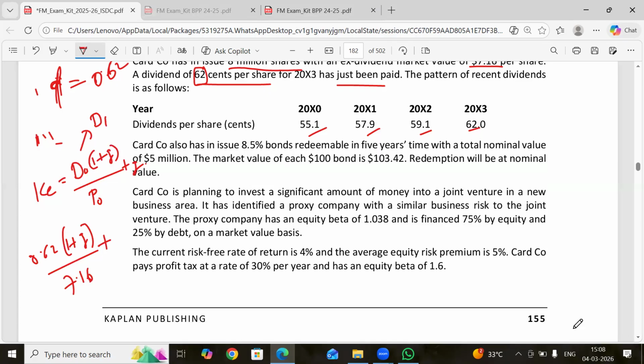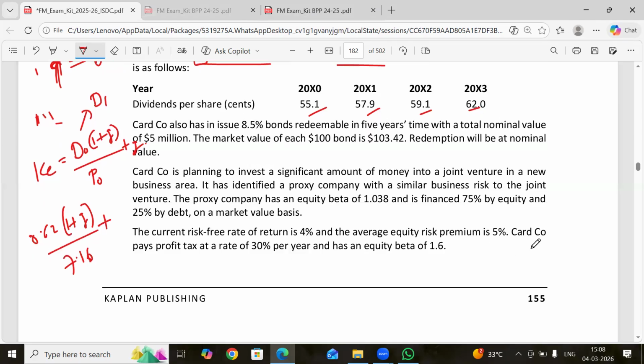See, what is your latest dividend? 62. I'm not taking 0.62 because the direct values are given. And what was the first dividend they paid? They started the dividend payment from 2010. 55.1, whole power. The dividend has grown how many years from the end of 2010? 1, 2, 3, 3 years.